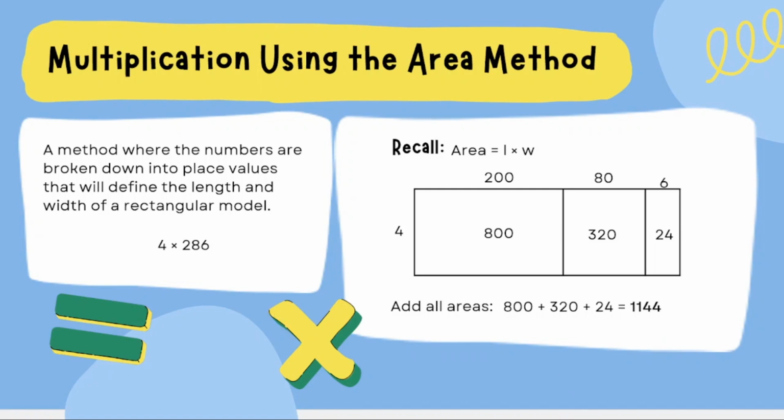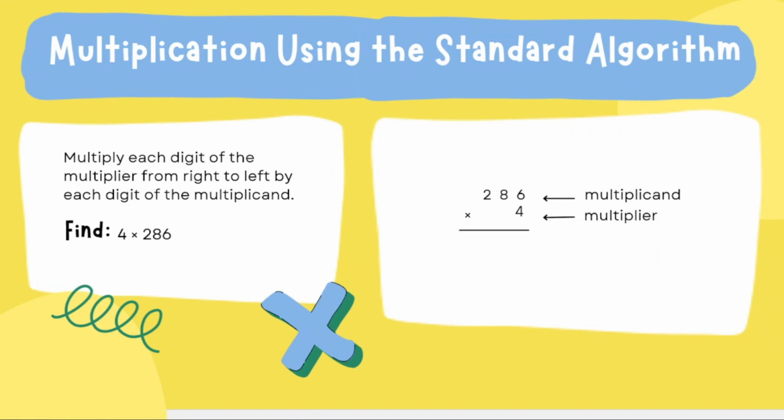Having known this, let's now compare the answer with the algorithm method, the other method. Most of you are familiar with it. Since we're multiplying 4 by 286, the multiplicand is what we have at the top, and the multiplier is the 4 below it.